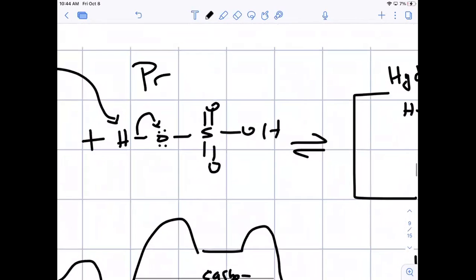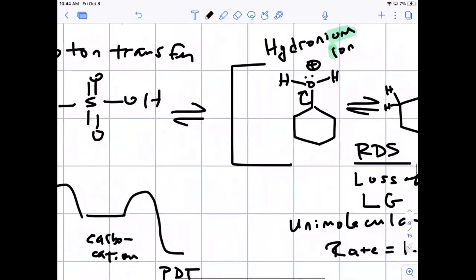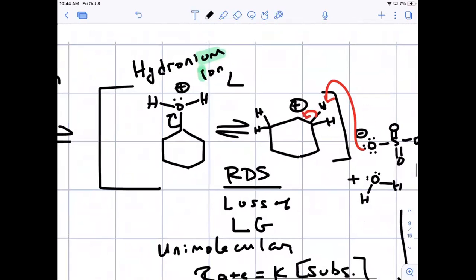But this is not the rate determinant step. It's the loss of leaving group that's rate determinant. So you get a carbocation followed by elimination, as opposed to it all happening at once like the E2. So we consider this a stepwise mechanism.